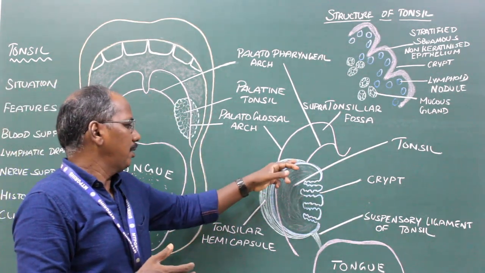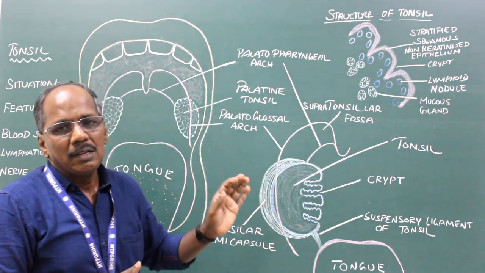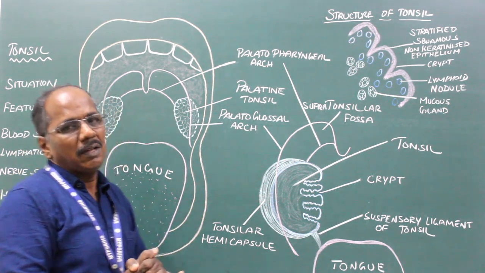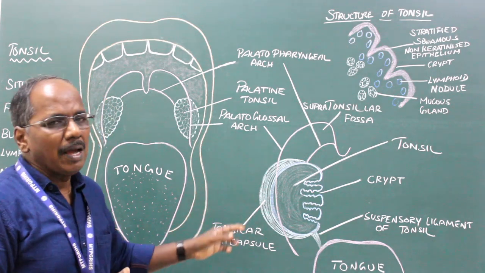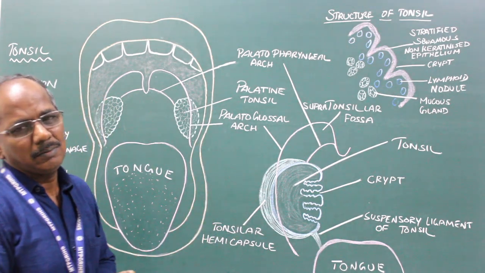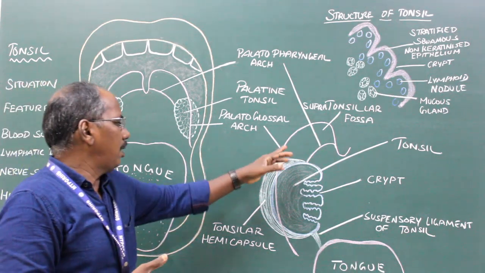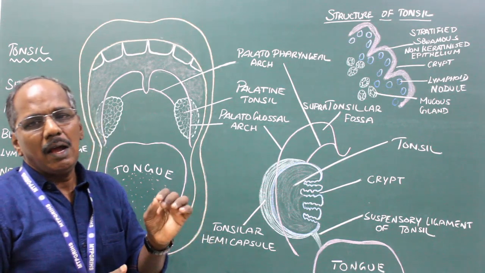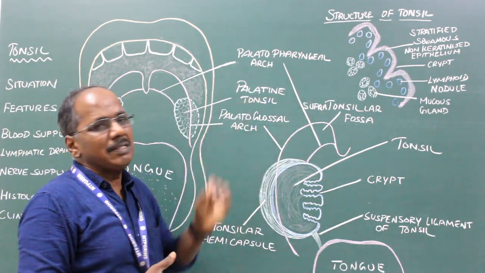Lateral surface: the lateral surface is covered by a fibrous tissue which is known as the tonsillar hemicapsule. Anterior border: it is related to the palatoglossal arch, and the posterior border is related to the palatopharyngeal arch.